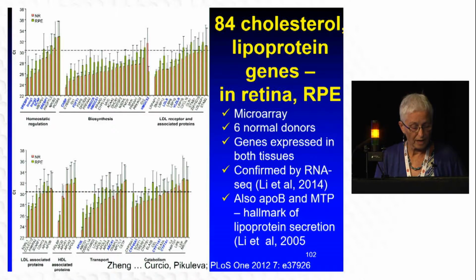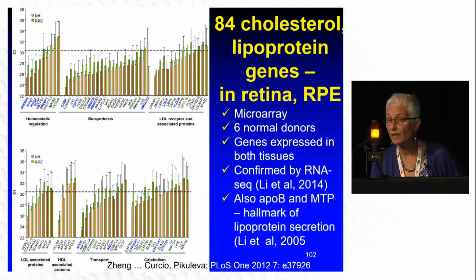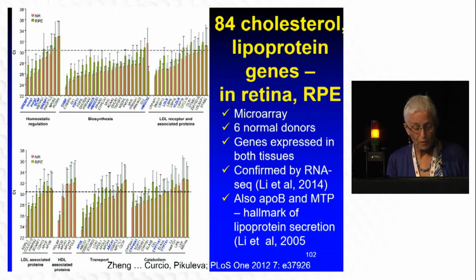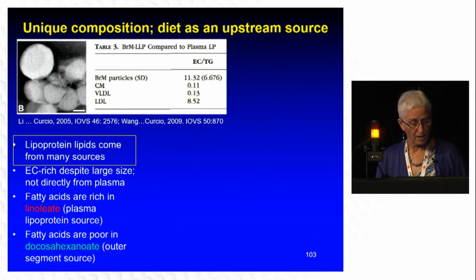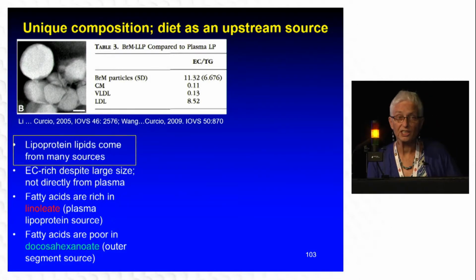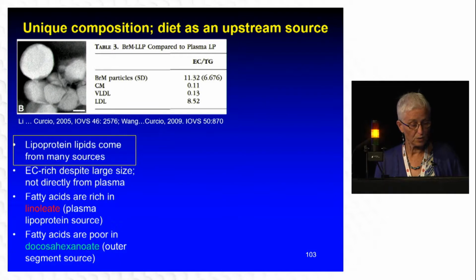And importantly, the retinal pigment epithelium expresses ApoB, which is the backbone of plasma LDL, and microsomal triglyceride transfer protein. So the RPE is a native lipoprotein secretor, just like liver and intestine. Okay, so the composition implicates diet as an upstream source.